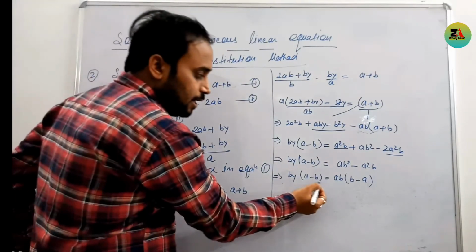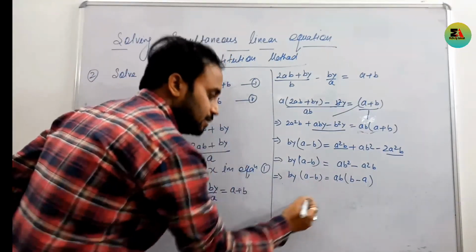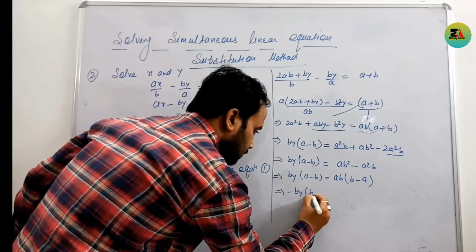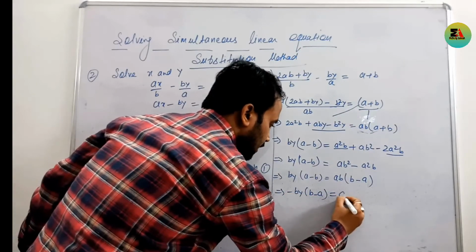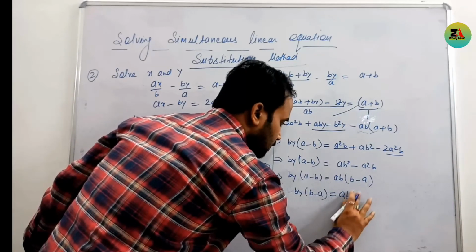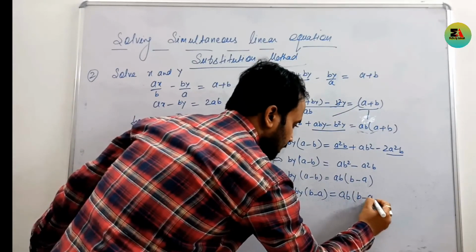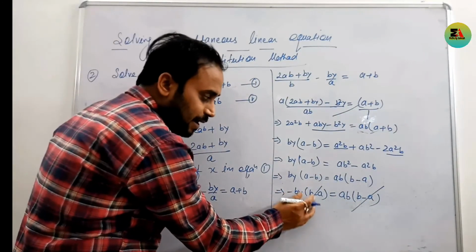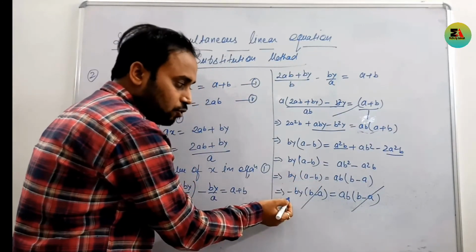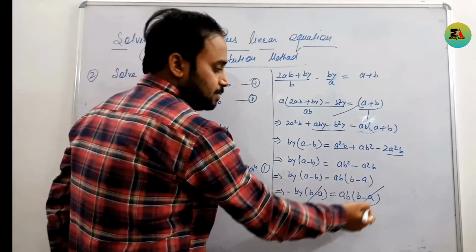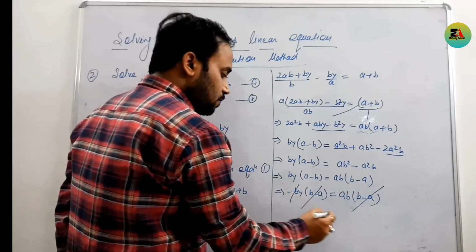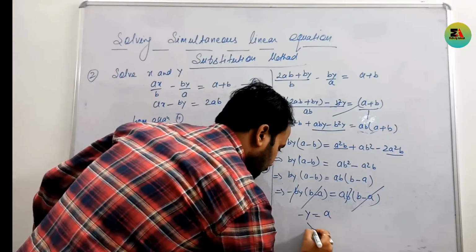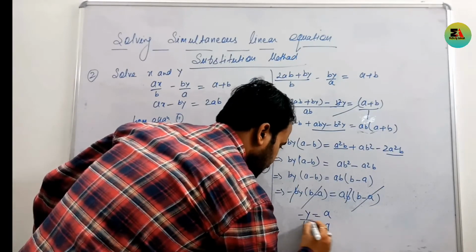Here is a minus b and here is b minus a, so take minus as common: it becomes −by(b − a) equals ab(b − a). This b minus a and this b minus a cancel out. This b cancels out. Therefore minus y equals a, and the value of y will be minus a.